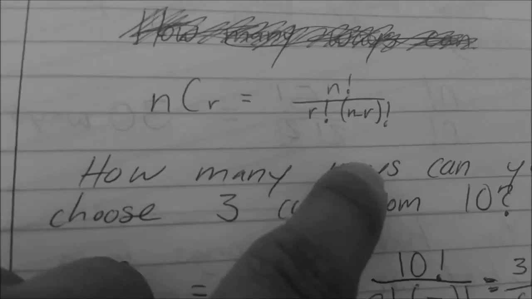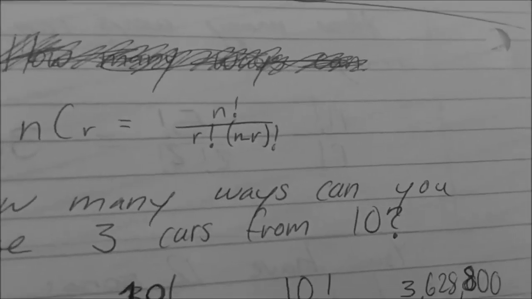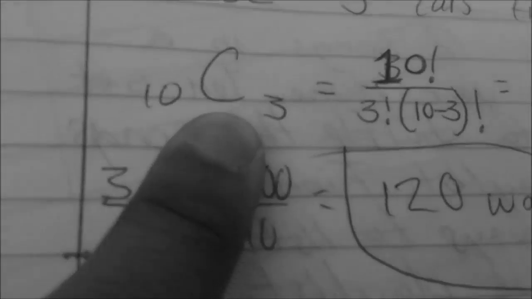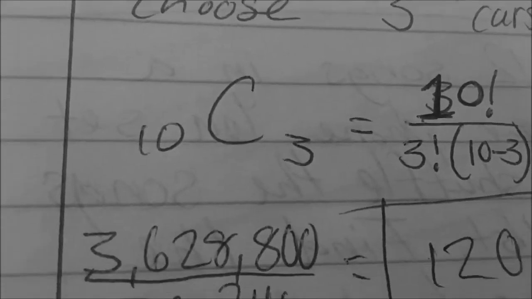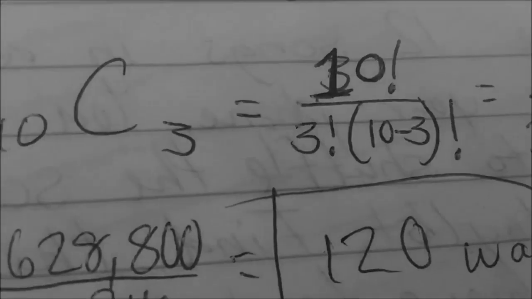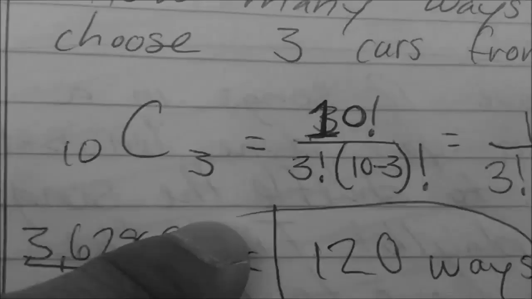So, combinations. That's the combination formula right there. Question is, how many ways can you choose 3 cards from 10 cards? So this is it. That's 10C3, because 10 is the total amount of cards, and 3 is what we're trying to find, or how many cards we can arrange in 3.